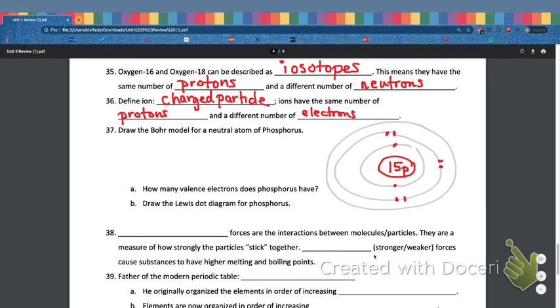Remember, that's the maximum that it can hold. And then there's 1, 2, 3, 4, 5 on my third energy level. So it has 5 valence electrons, and my Lewis dot diagram for phosphorus looks like this. Got 5 dots around it.